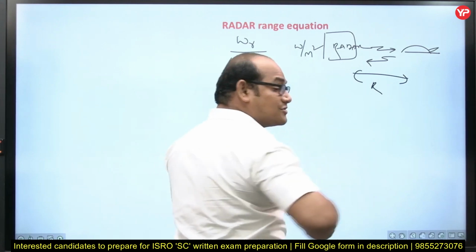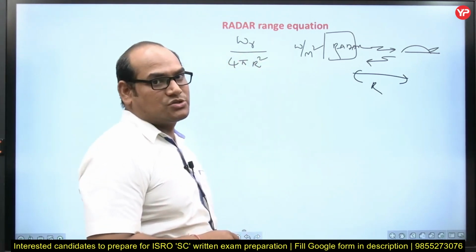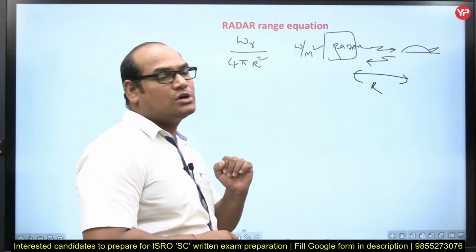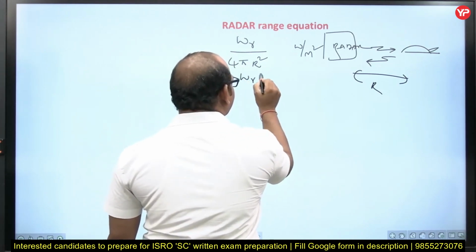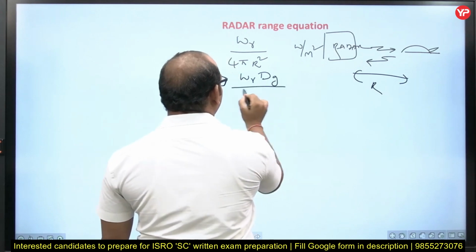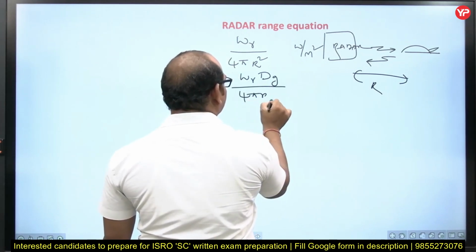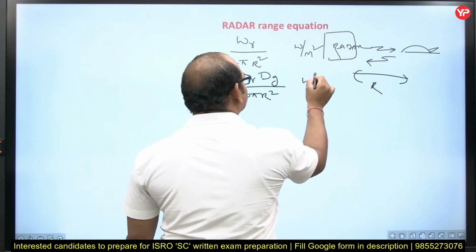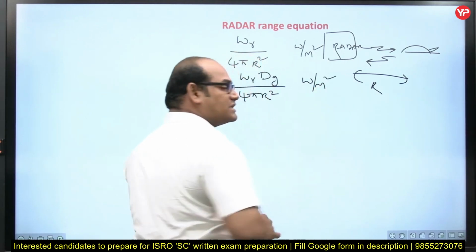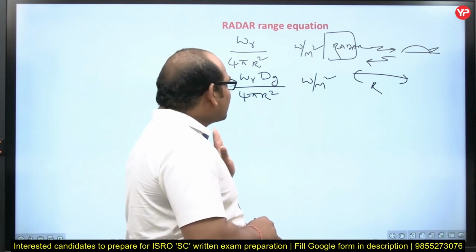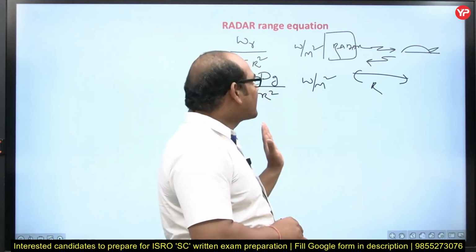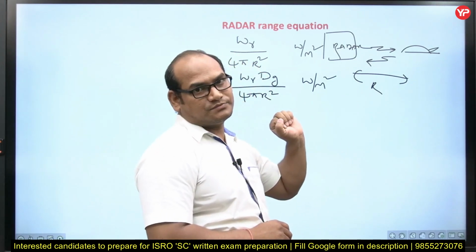But we are not using an isotropic antenna, it is practically not possible. So we have to use a directional antenna. To change this formula, you need to multiply with the directive gain of that practical antenna. There is no change in the units, because directive gain does not have any units. Now with this power density, we are sending the electromagnetic waves towards the target.